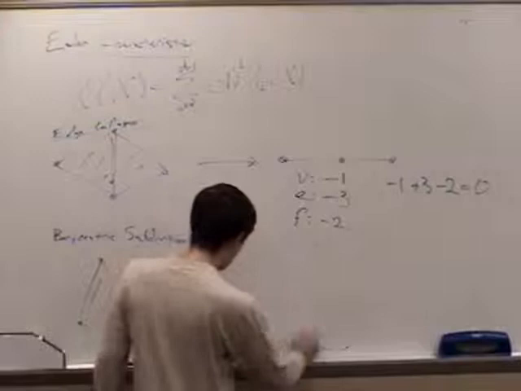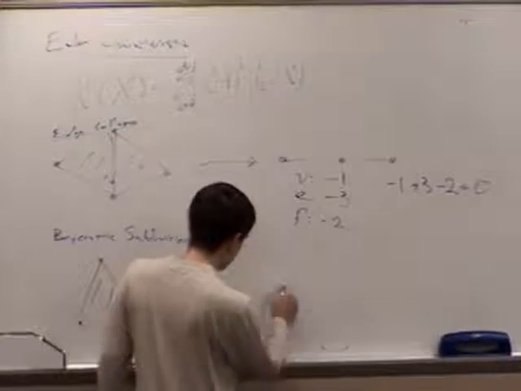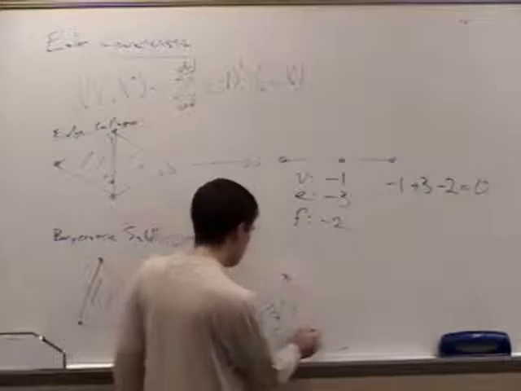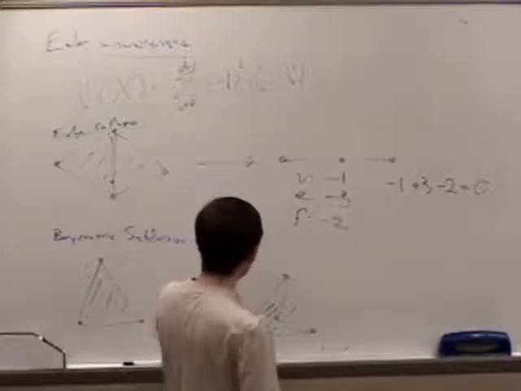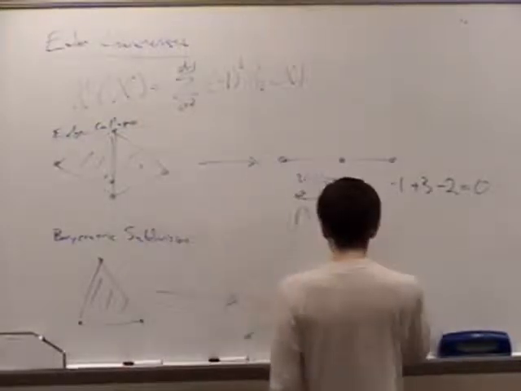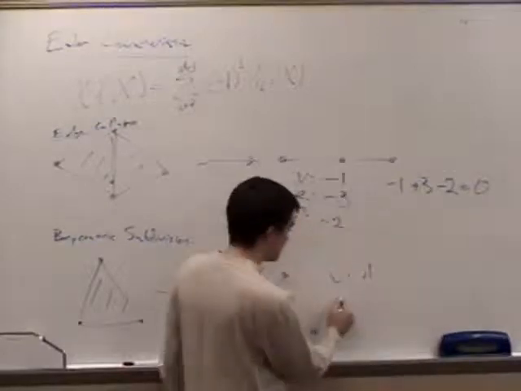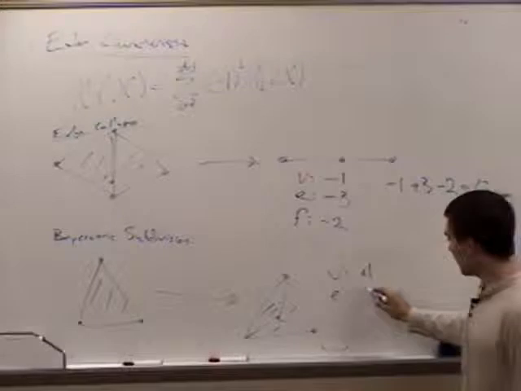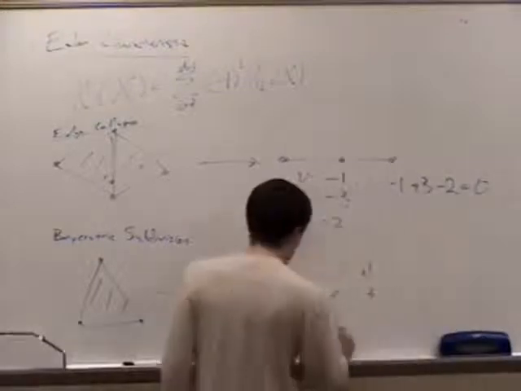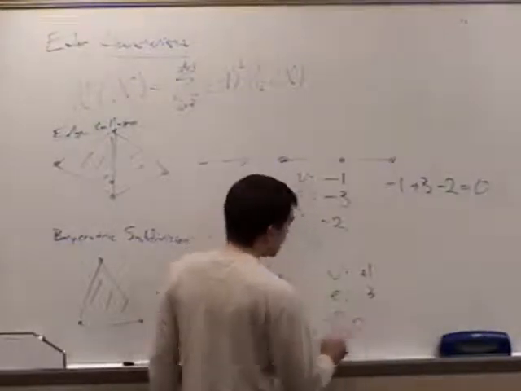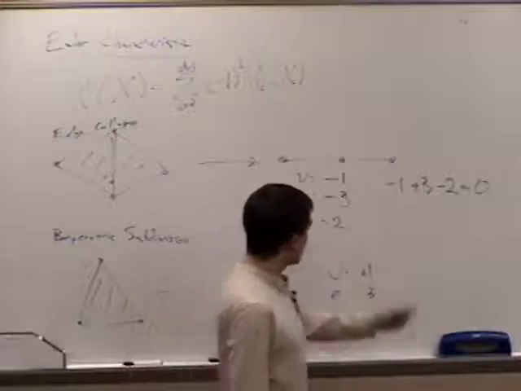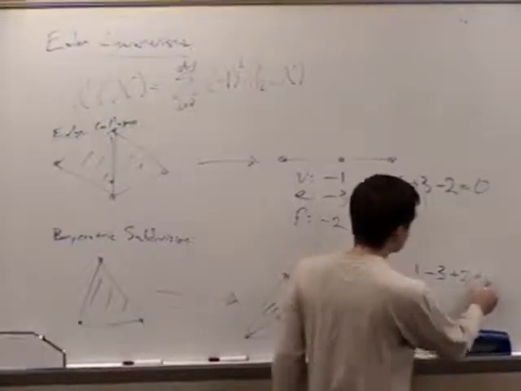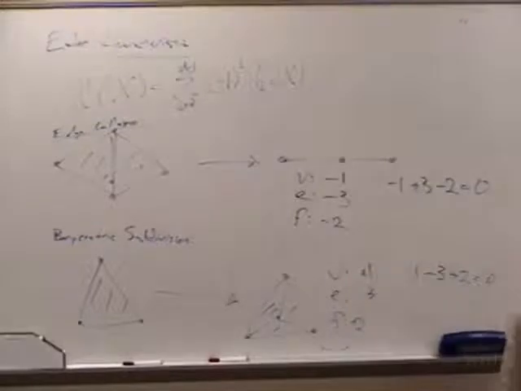So I end up with 3 new faces. And if I look at the change here, I have 1 extra vertex, so I get 1 additional V. I have 3 more edges, and I have 2 more faces. So again, if I plug these things in, I have 1 minus 3 plus 2 equals 0. So again, no change in the Euler characteristic.